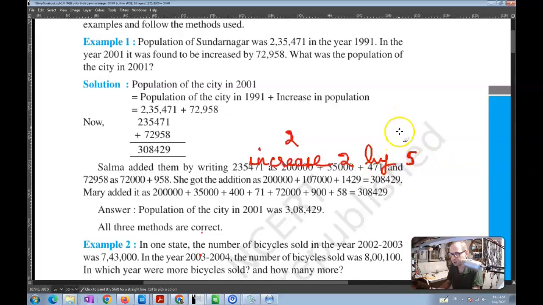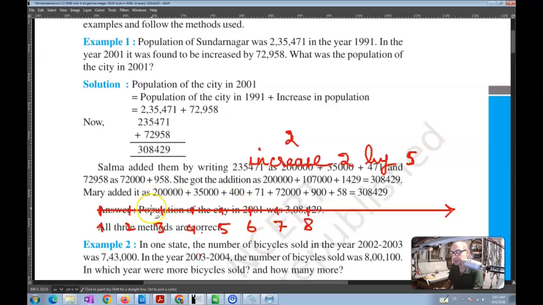Think of this as a number line: 1, and then 2, and then 3, 4, 5, 6, 7, and 8.